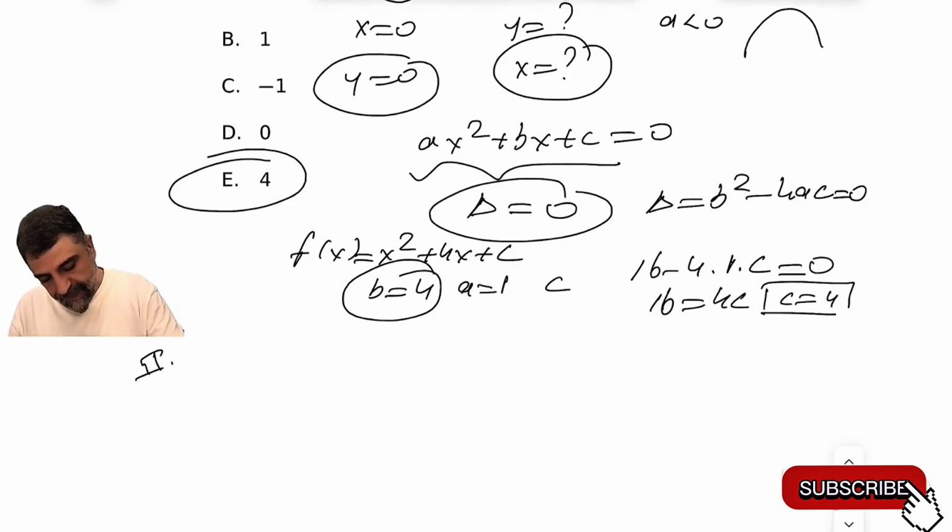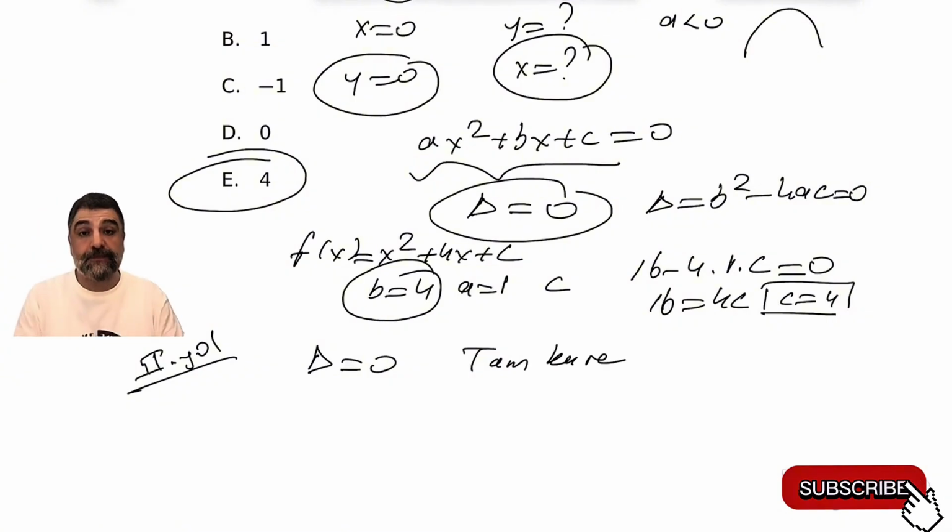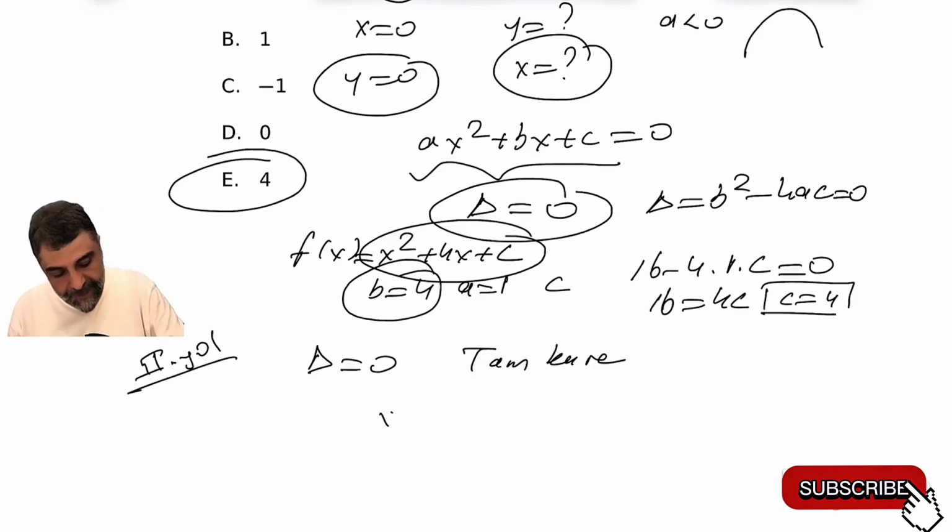Let's call this the second method. Friends, if delta equals 0, such expressions are perfect squares. Being a perfect square means, as we mentioned earlier, it has one repeated root, or two roots at the same point, or that this expression has two of the same factor. That is, x squared plus 4x plus c equals.